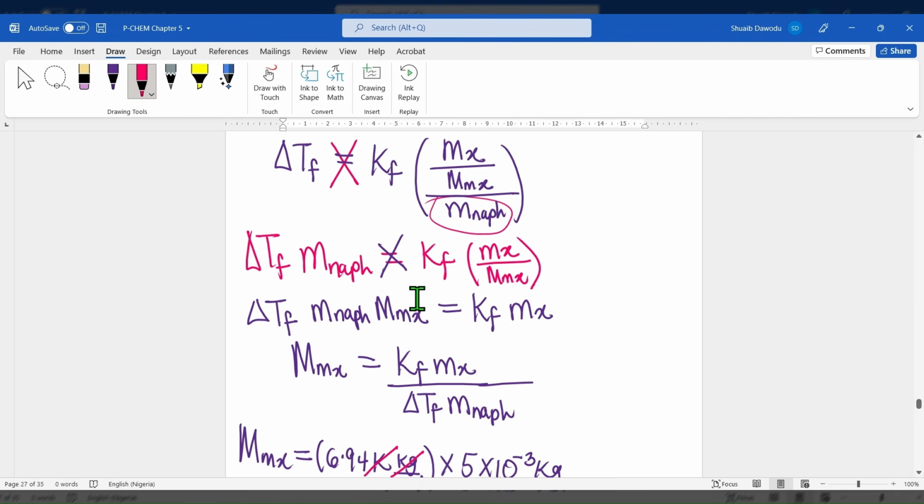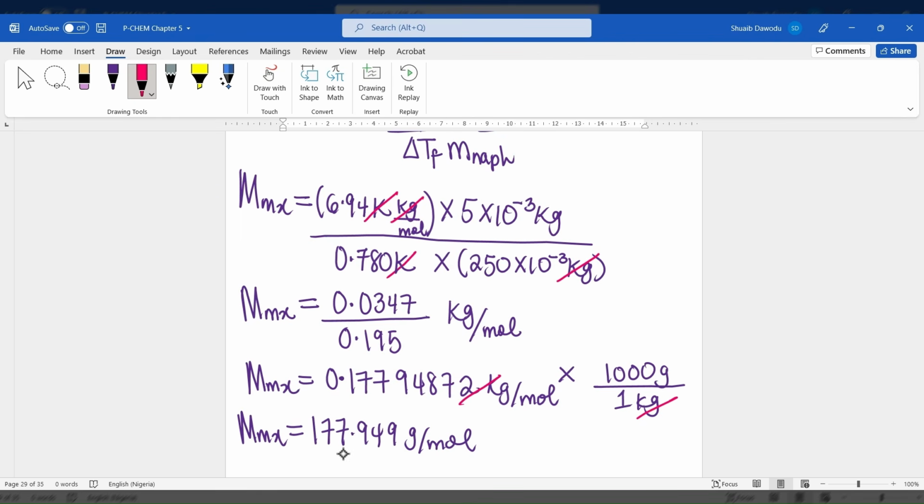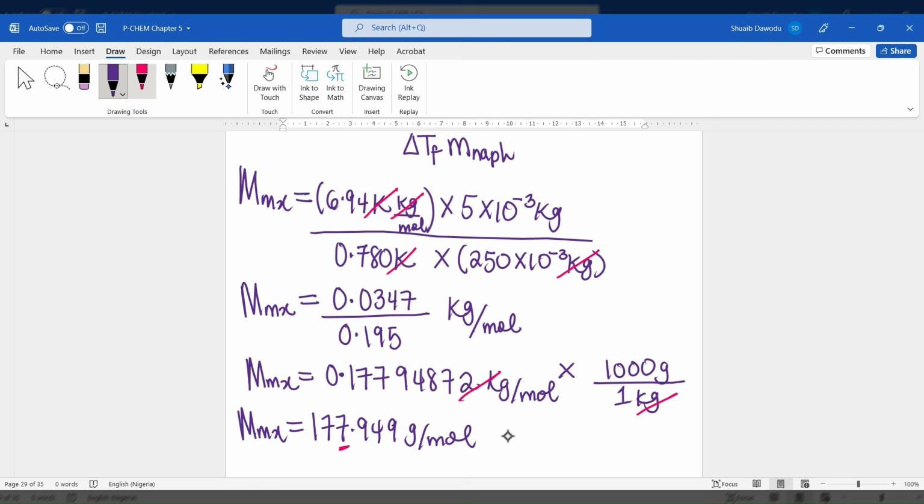So our final answer for the molar mass of the unknown compound X is going to be in 3 sig figs. So the molar mass of the compound is simply 178 gram per mole. And that is basically the answer to this question.